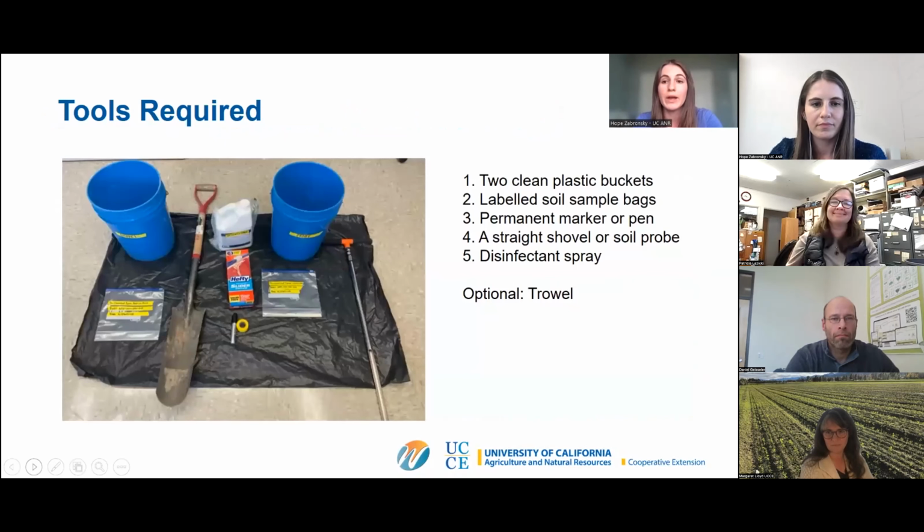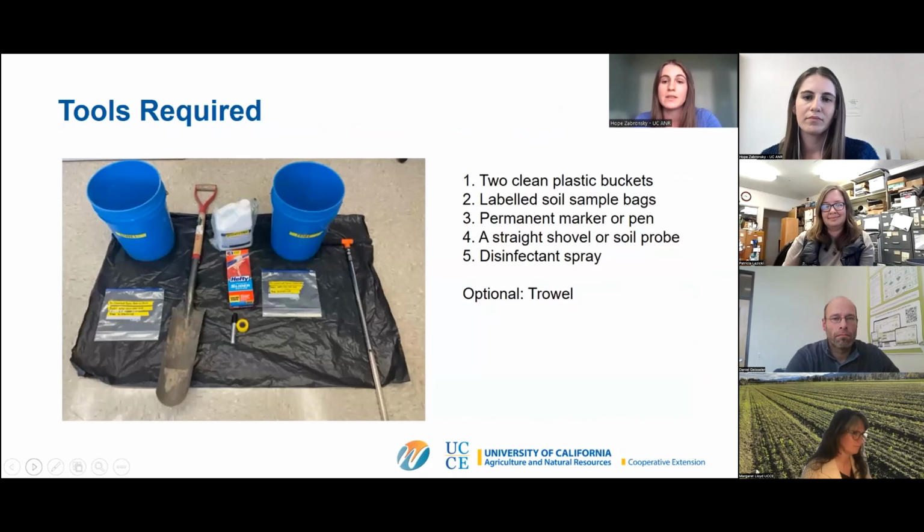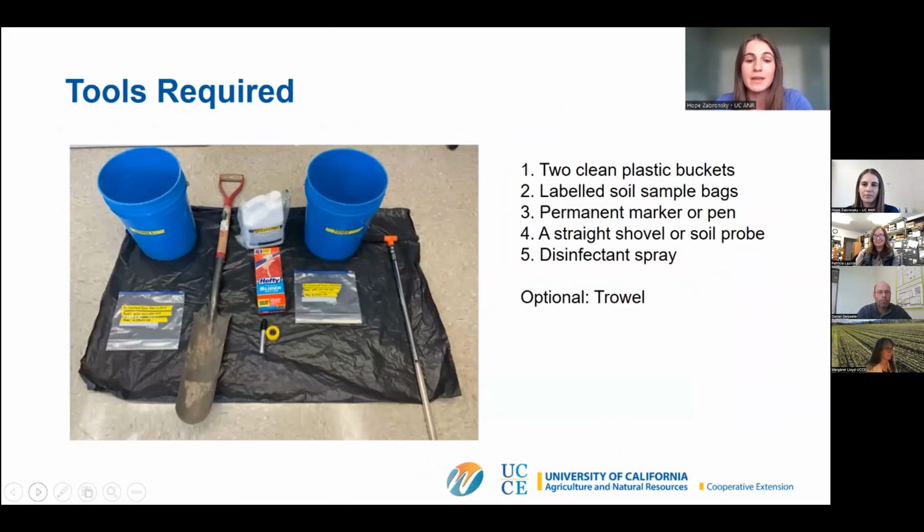So the tools required for soil sampling include 2 plastic buckets, as you can see here on the left-hand side. One is for collecting your soil samples, and one is for carrying supplies in your field. The second is a labeled soil sampling bag.